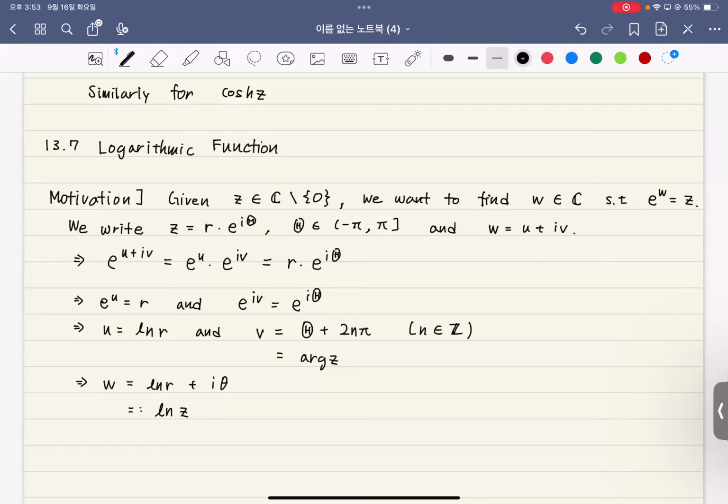The real part of this number is very well defined, but for the imaginary part, you are always free to choose this number n. So this is an infinitely-many-valued function, a so-called multi-valued function.